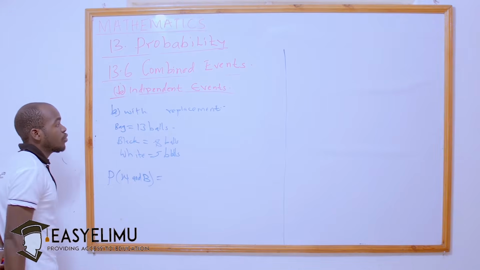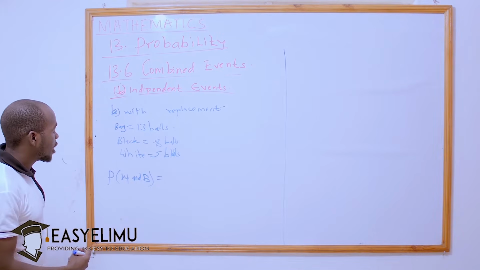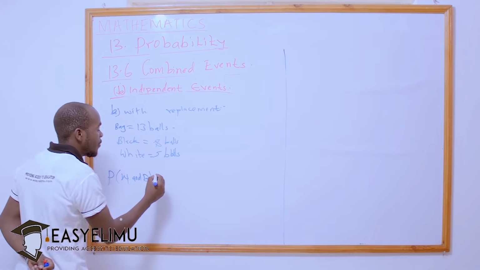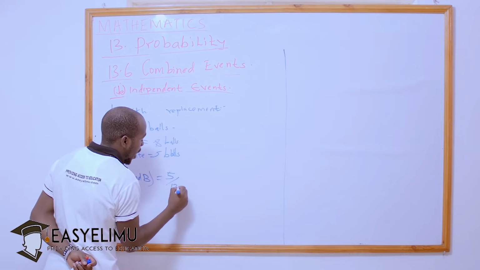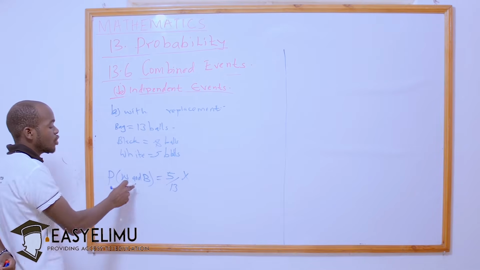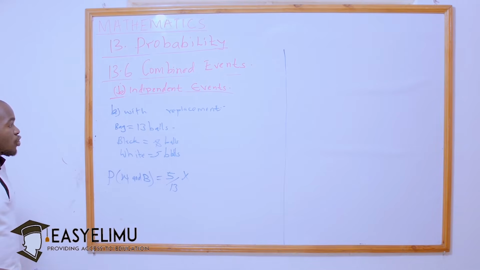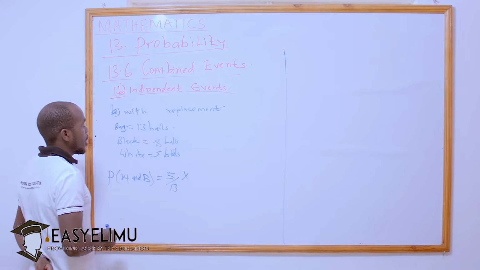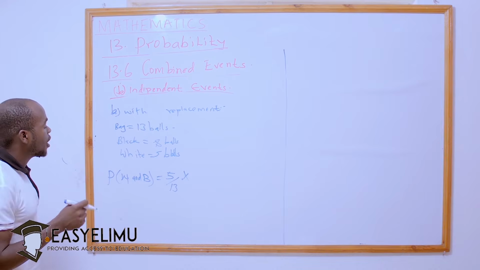So the probability of white and black will be equal to the probability of picking a white ball from that bag, which is 5 over 13, as you have already seen. But we shall multiply, because the rule for "and" in independent events is multiplication, by the probability of picking a black ball.